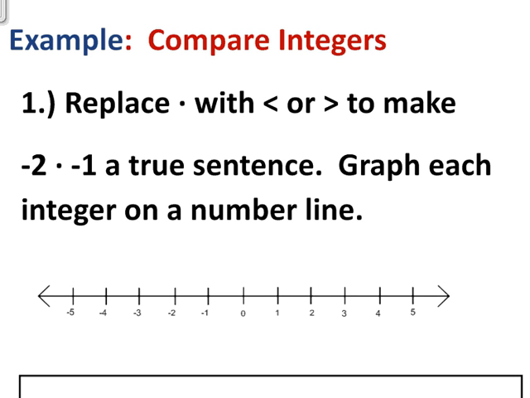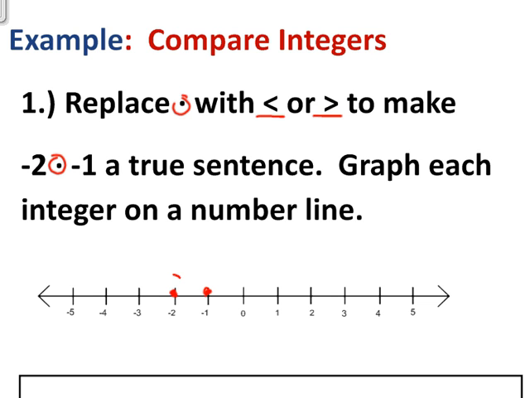Example, compare integers. Replace the dot in the equation with either a less than or a greater than to make a true sentence. To do that, we want to graph each integer on the number line. We're going to start with the number negative 2. So we'll put a dot where the negative 2 is. And we'll put a dot where the number negative 1 is.